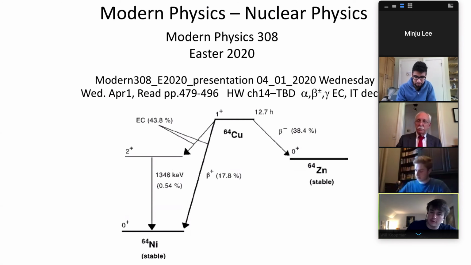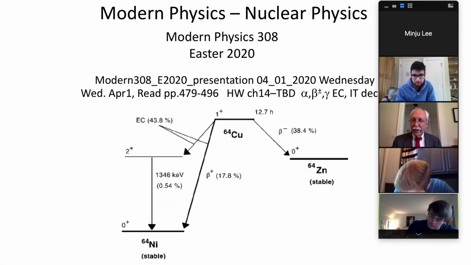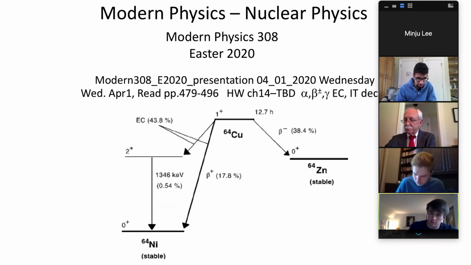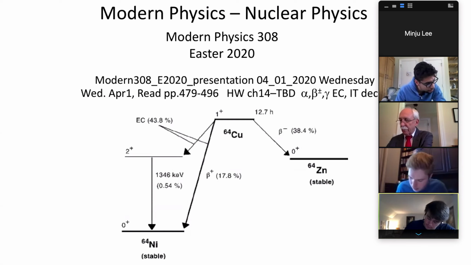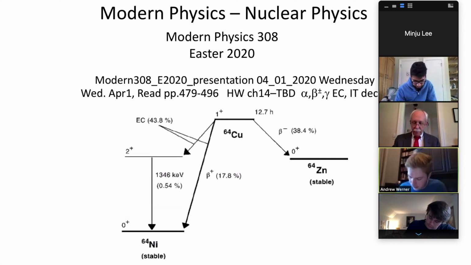How many grams? 64. Would that just be 64 times its half-life? Or I mean, the Avogadro's.